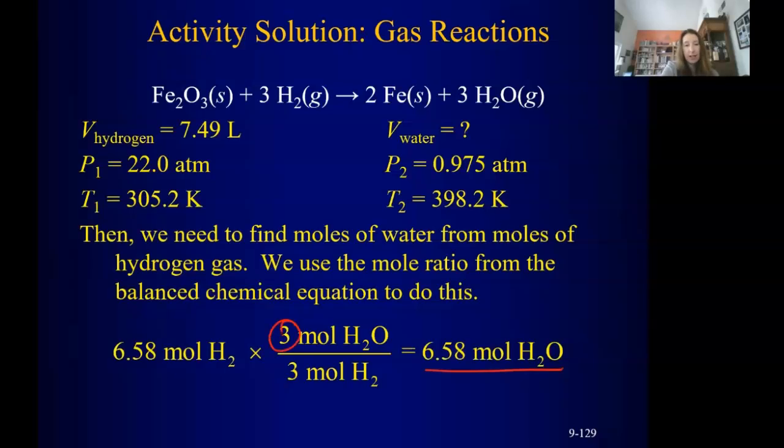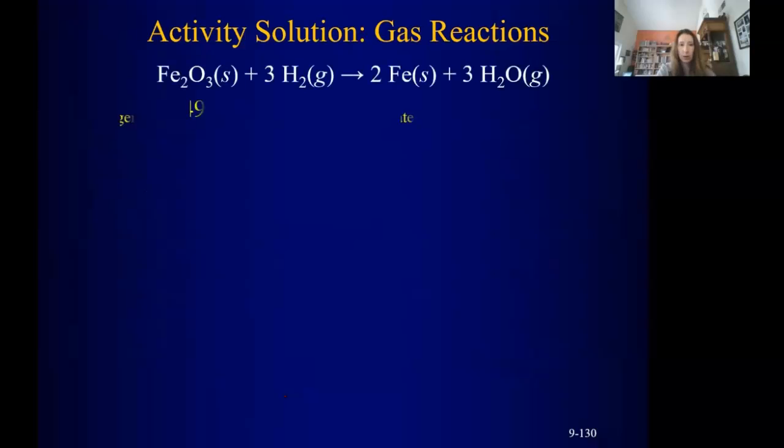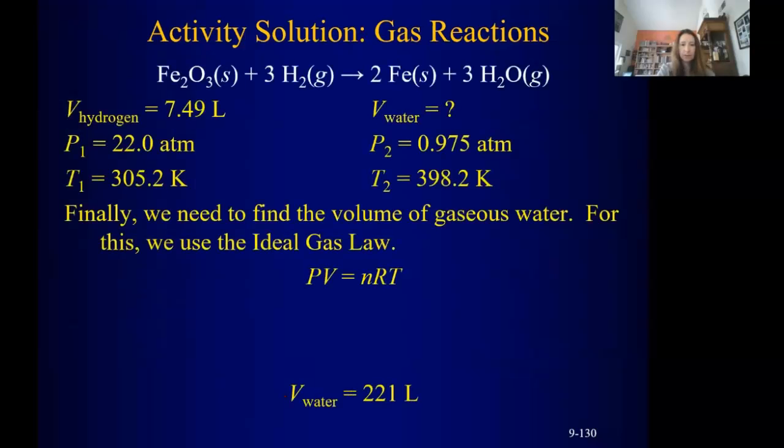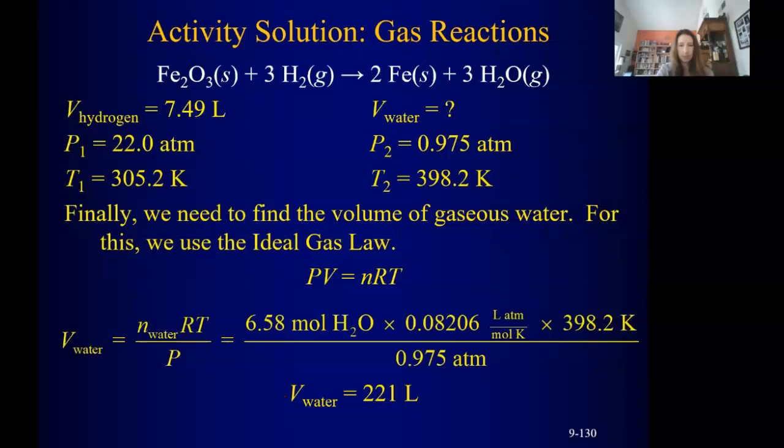They just happen to be the same, right? 3 to 3. They're not usually the same. Then we used PV equals nRT again to get to our volume of water. And then here's our moles of water. Here's our R. Here's our new temperature and our pressure.